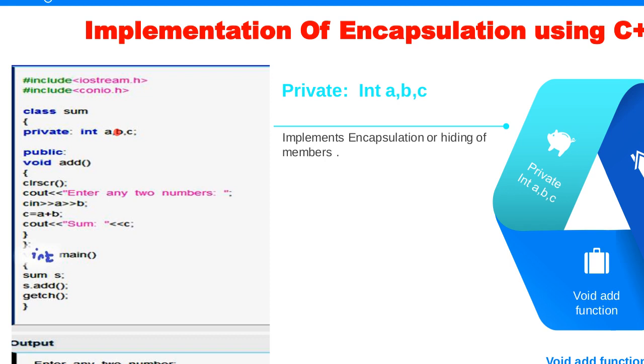That means void hard in public provides abstraction. It can only be seen by the int main. The int main does not even understand whether class sum has these variables, because they are in the private. So abstraction normally is given out in the public access specifier, and abstraction is normally giving out what is essential.